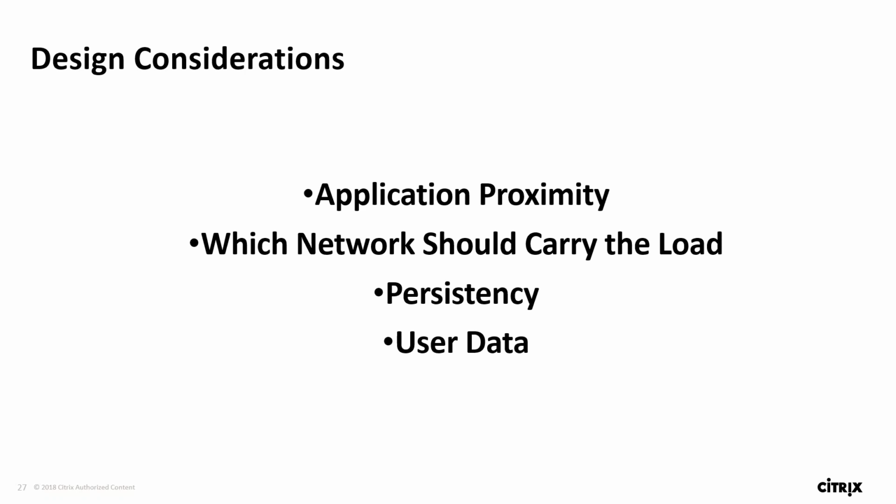Many applications require persistence for continuity of user interaction. These are all design considerations when setting up GSLB. The last one is user data. Considerations of user data, like roaming profiles, can be replicated across sites so that the user request is redirected to any site where their data happens to be.